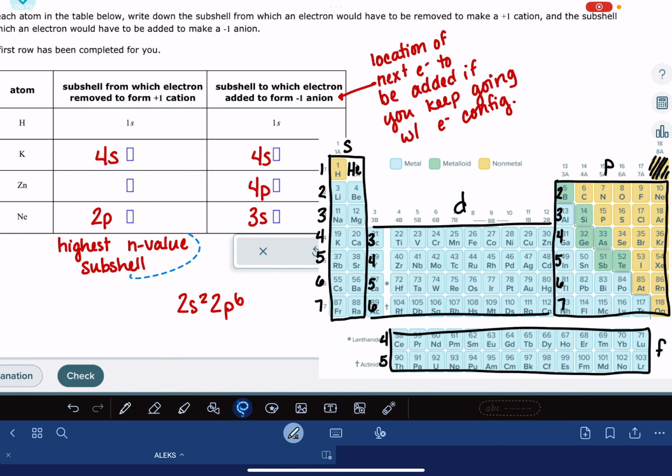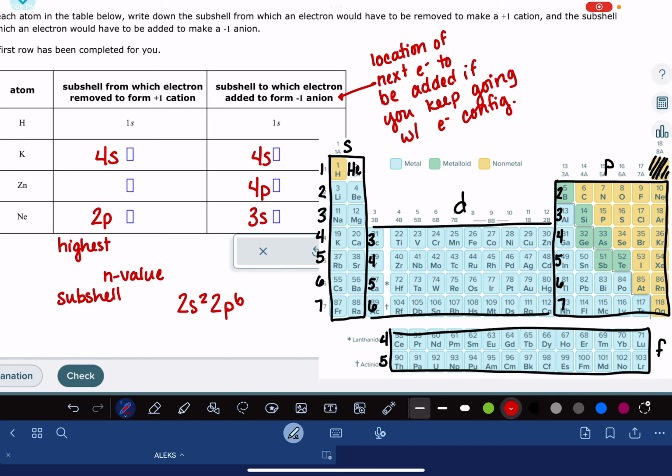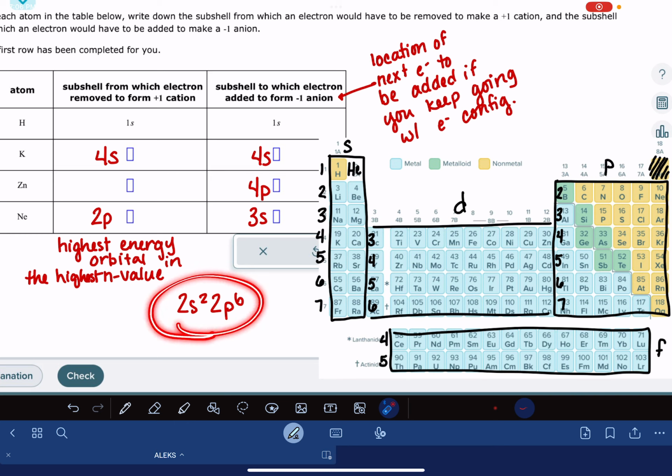So maybe we'll add a little note to this: the highest energy orbital in the highest n value. So the highest n value was n equals 2. The highest energy orbital was the p, 2p6.